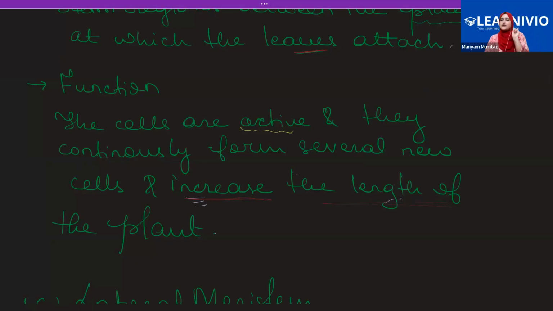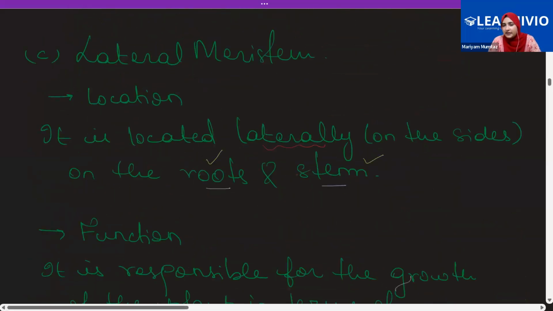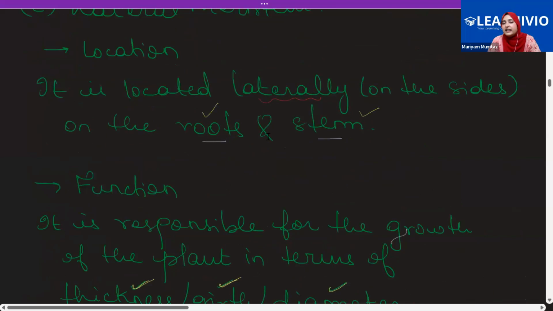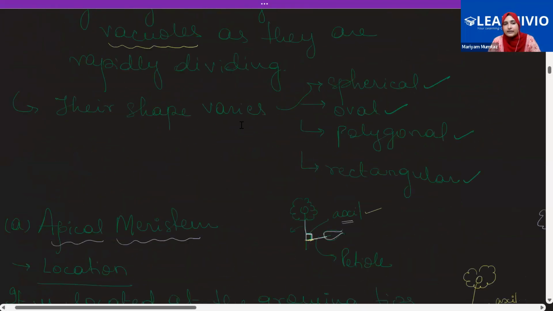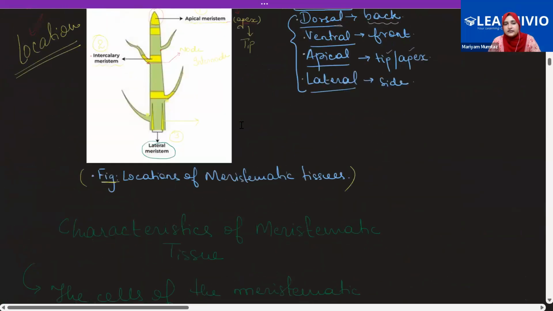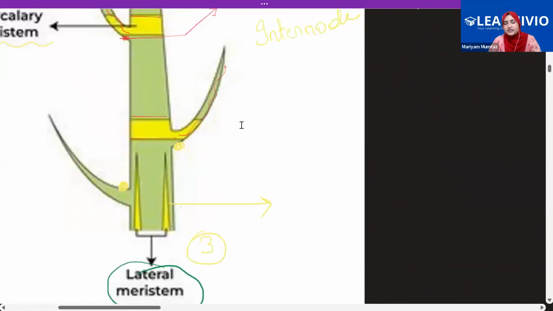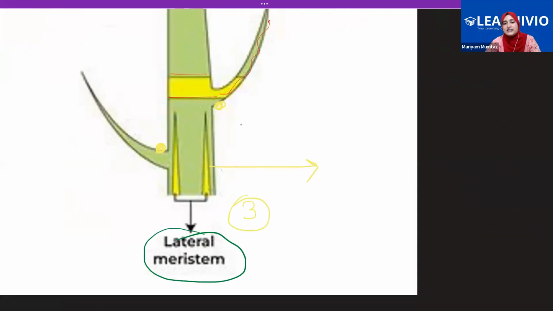So the two tissues that are responsible for increasing the length of the plant, in terms of growth, are apical meristem and intercalary meristem. After that, there is the last meristematic tissue called the lateral meristem. Now, if you see in the diagram, see here, the lateral meristem is shown present in the sideways position, right?